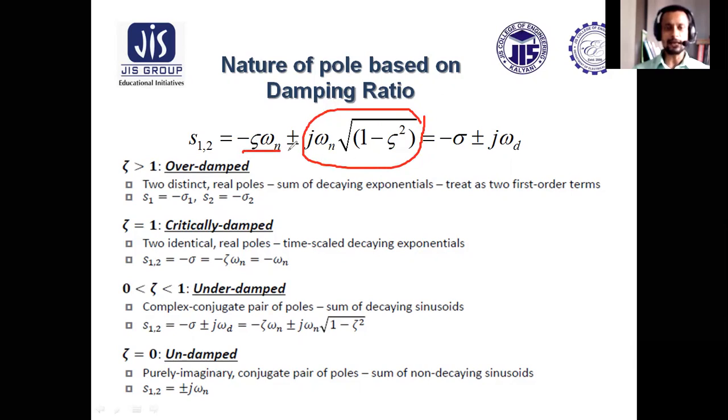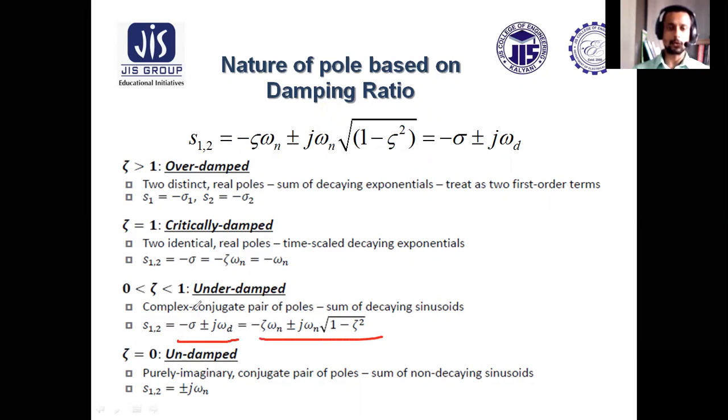So real plus or minus imaginary part gives us a complex pole value. So for an underdamped system, that is zeta ranging between 0 and 1, we will get a complex conjugate pair of poles.